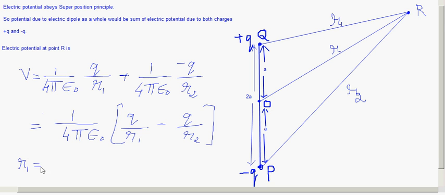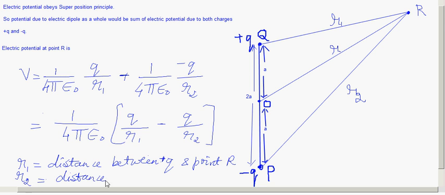R1 is the distance between plus q and point R. Similarly, R2 is the distance between minus q and point R. Now we will try to write this electric potential V in terms of the dipole moment, that is P.